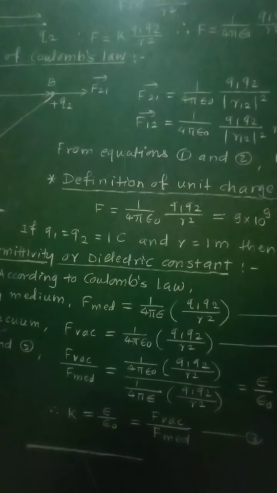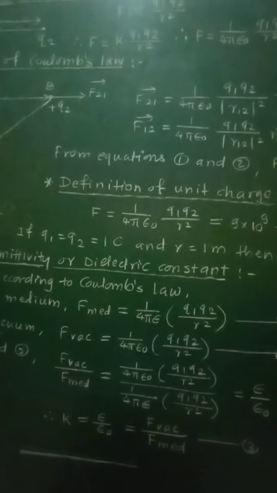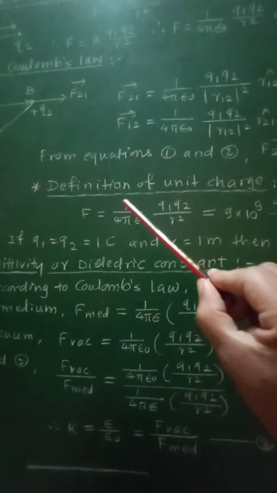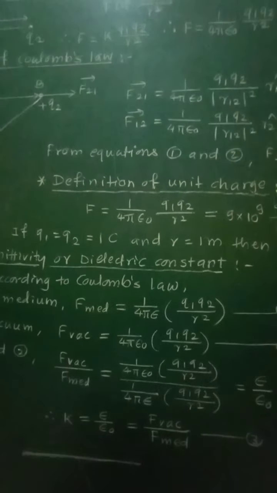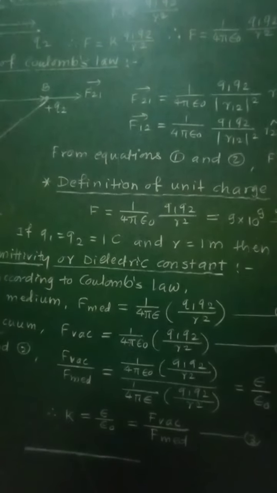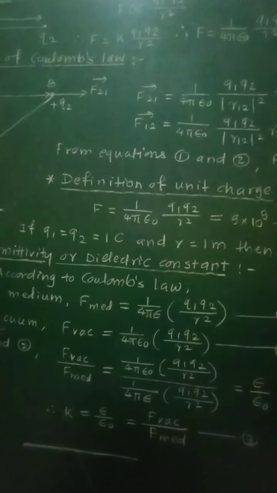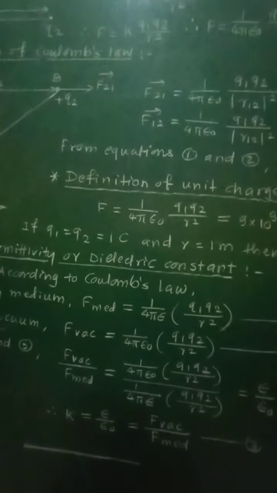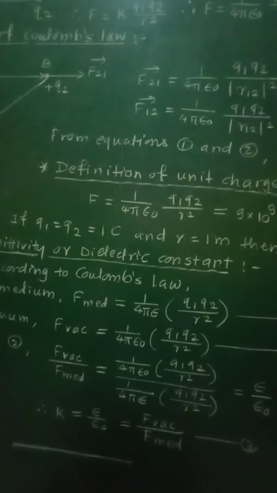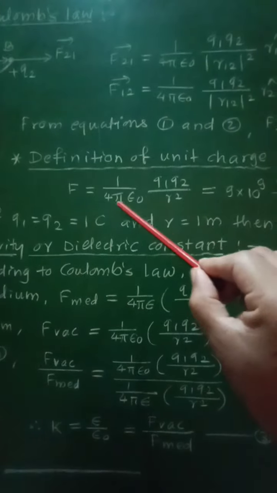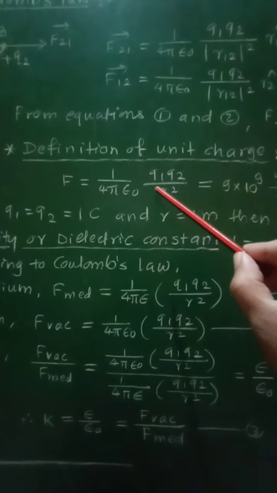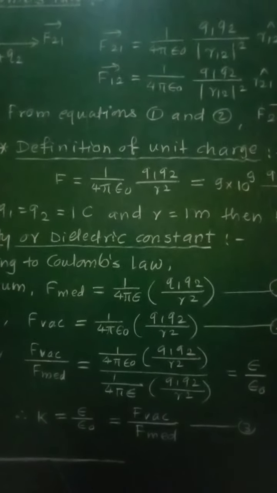Now let us see the definition of unit charge. In order to define this unit charge, let us consider the force between two point charges Q1 and Q2 separated by a distance r in free space, given by the formula F equal to 1 upon 4 pi epsilon 0 Q1 Q2 upon r square.